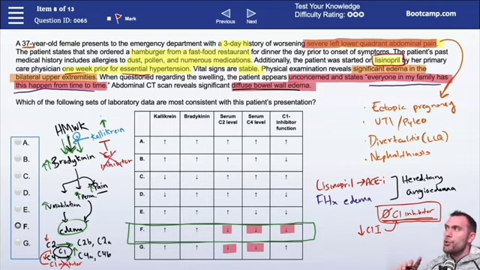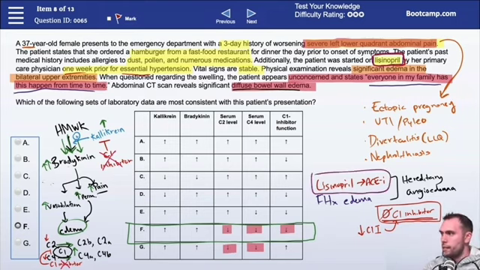Also, the last layer here is to remember that ACE inhibitors run into this pathway also. This patient was given lisinopril, which is an ACE inhibitor. To integrate ACE inhibitors here, remember that the ACE enzyme normally inhibits bradykinin. As a regulatory step, it inhibits bradykinin.